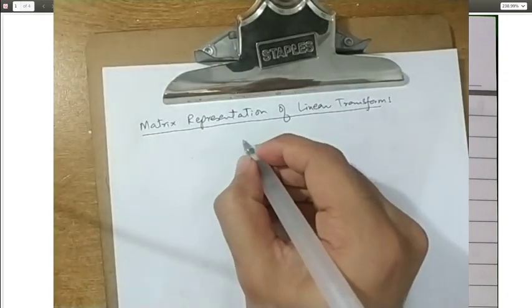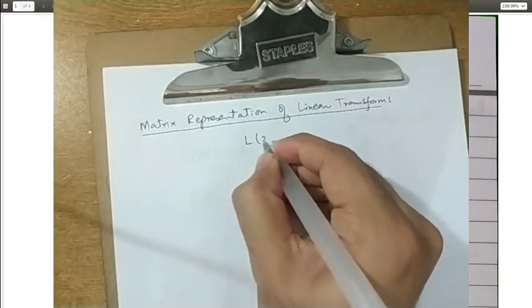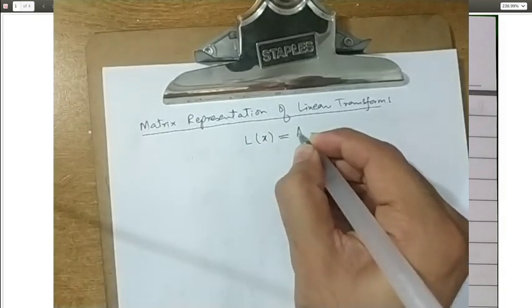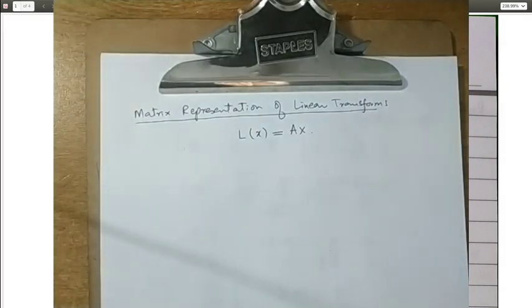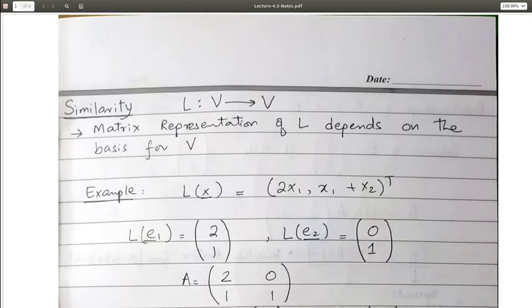And so we were talking about representing L of x as simply A times x. And so these are the two concepts that you need to keep in mind for today's lecture. And so today's lecture asks a question, which is, how do you represent this L if you have different bases to work with?